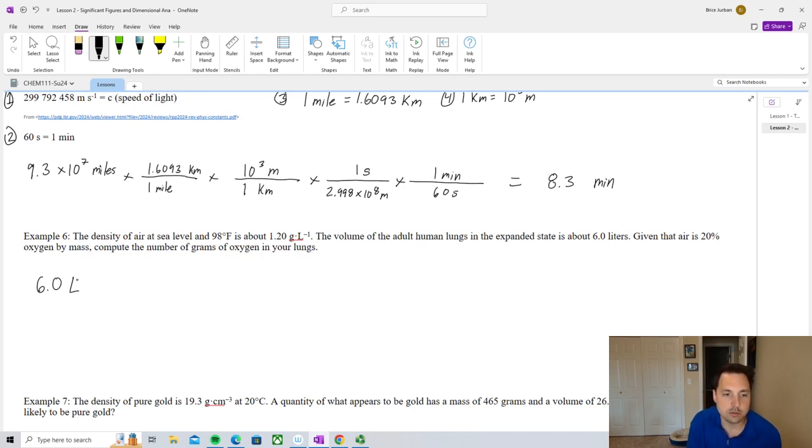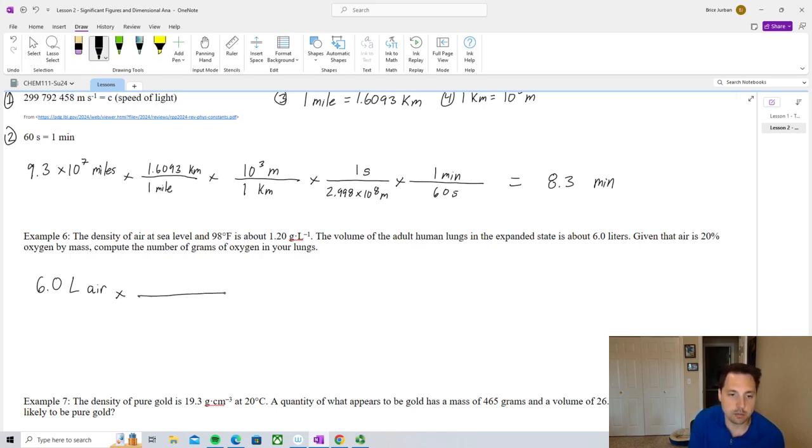So we'll start by doing 6.0 liters. And I like to include the substance here that we're talking about. Right now, this is the volume of air. Now, I want to convert between the volume of air to the volume of oxygen.